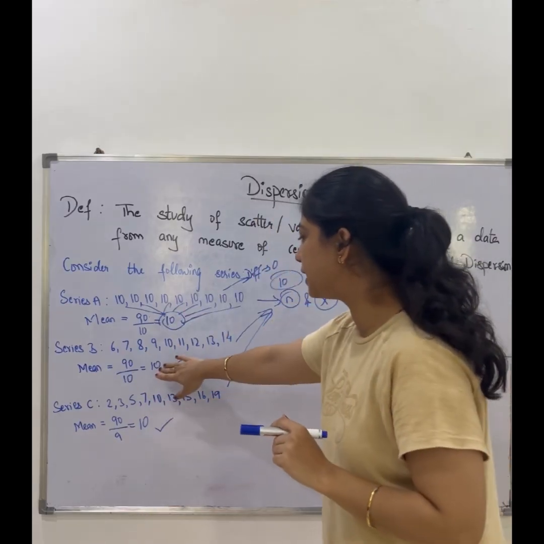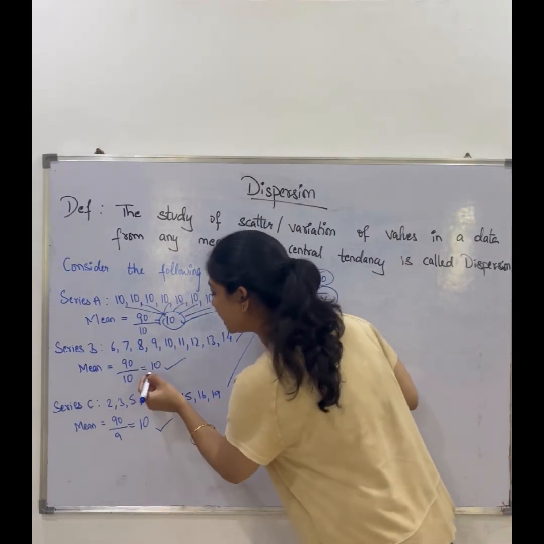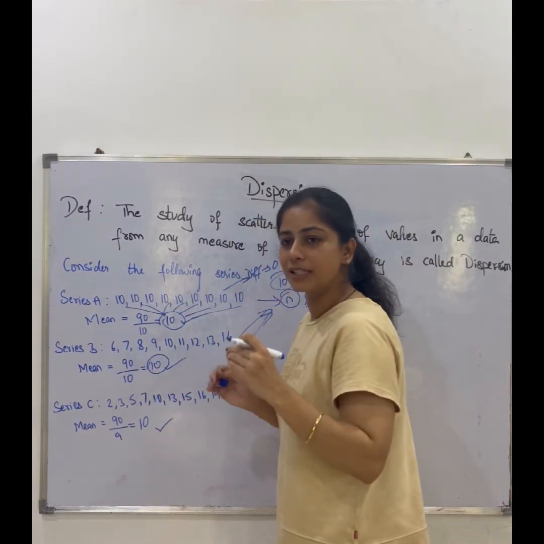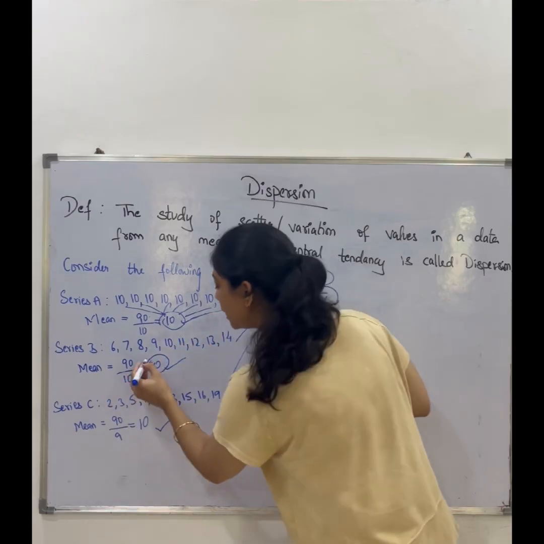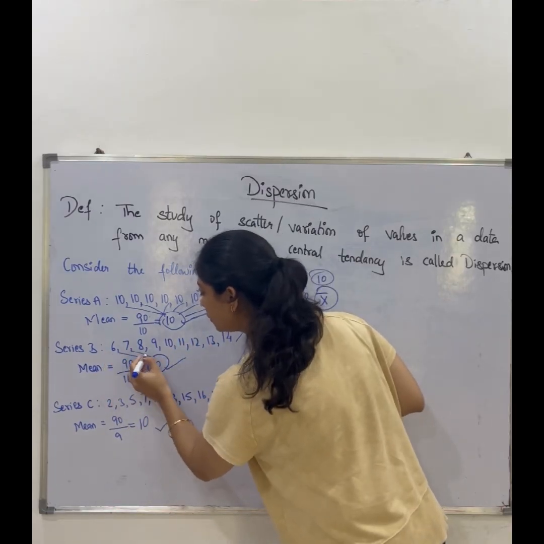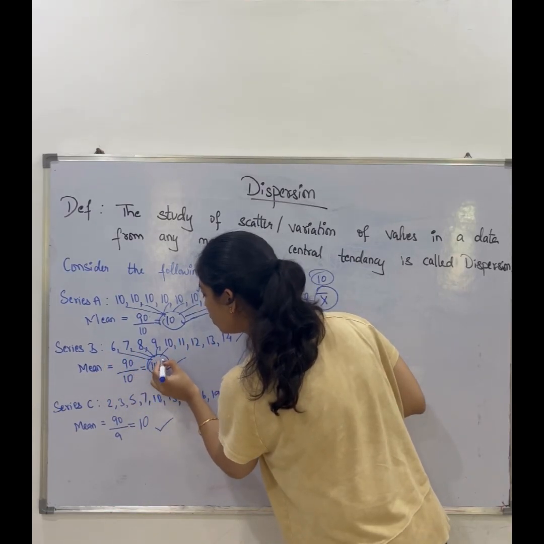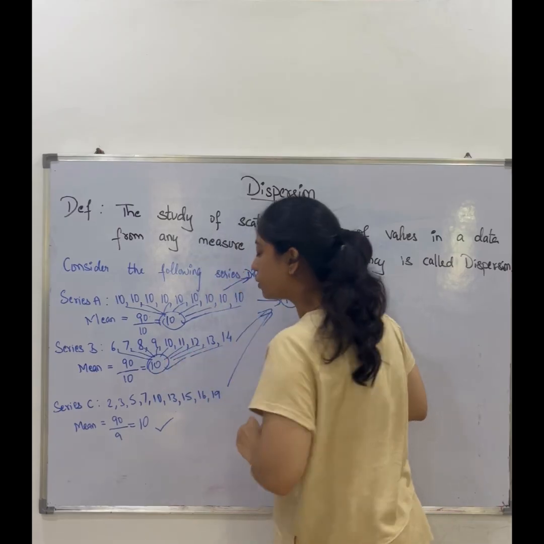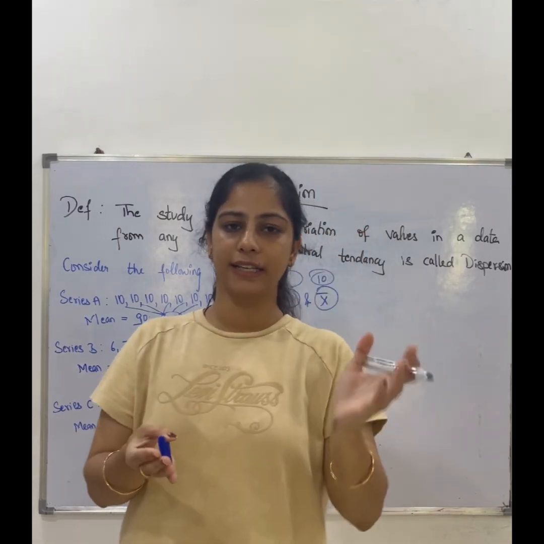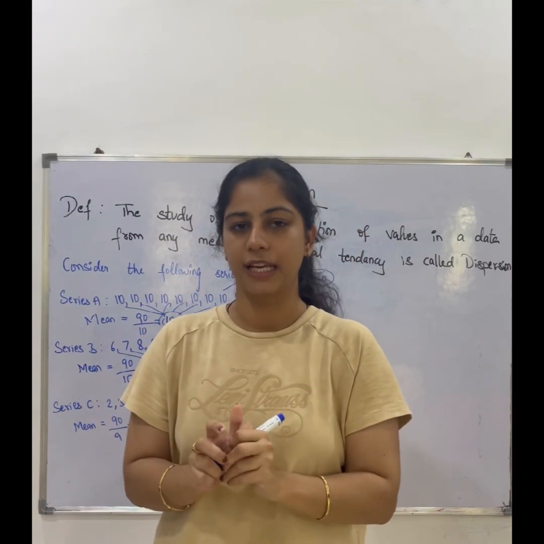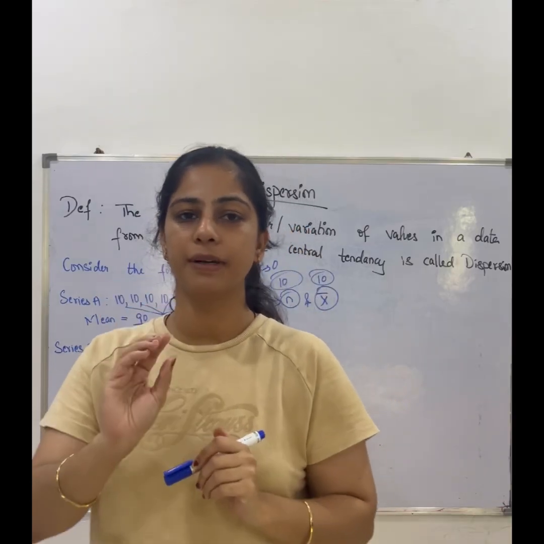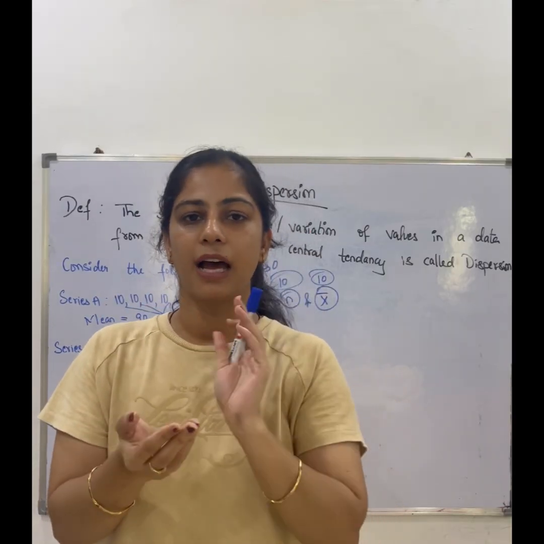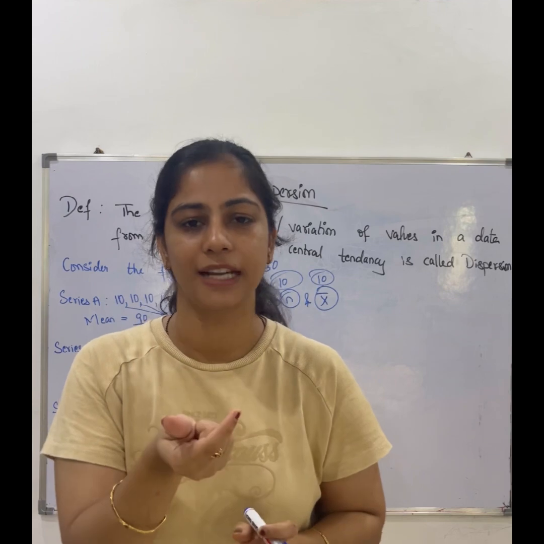Let us come to the series number 2. In this the mean is 10. Now how much is it deviating from the given observation? In the first it is 4, 3, 2, 1, 0, 1, 2, 3, 4. So the difference is either increasing or decreasing in this case. The numbers given to us in the data are slightly fluctuating from the central value.